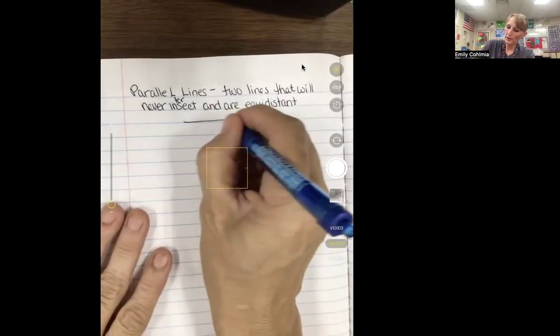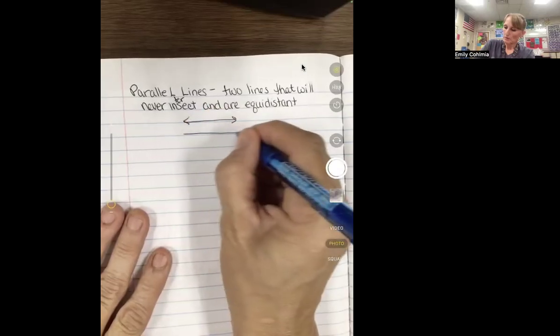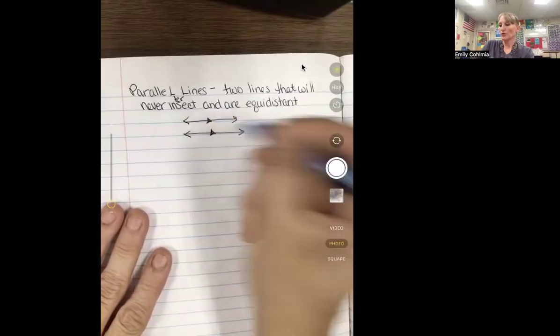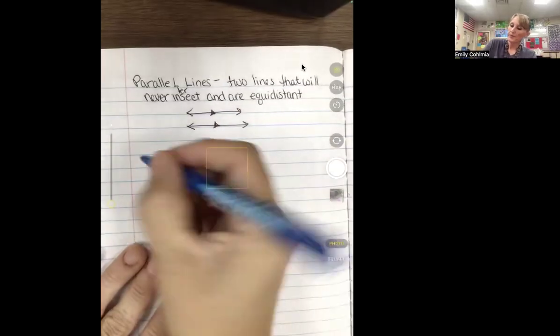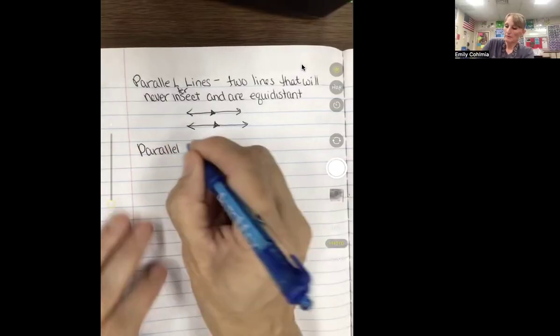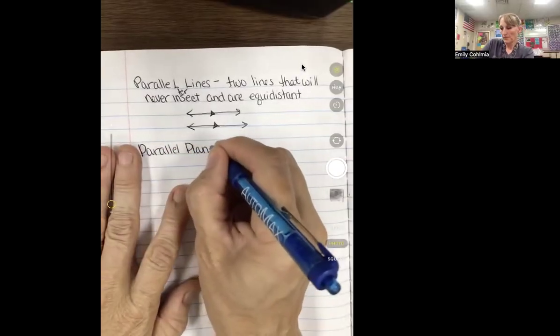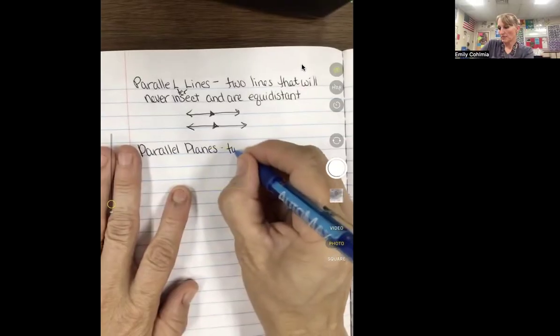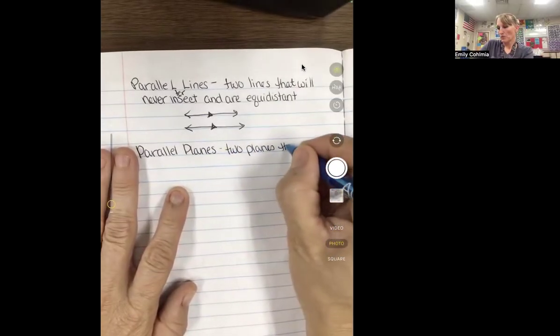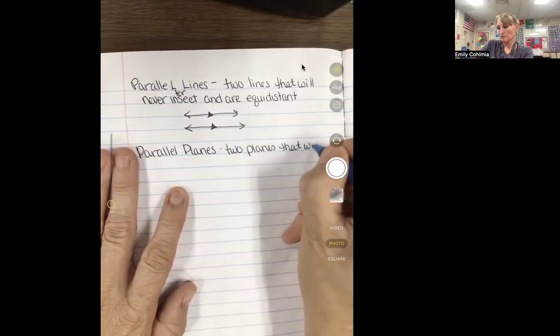So we show parallel lines with just an arrow in the middle, or you could do two arrows in the middle if you'd like. We also have parallel planes. These are basically the same thing, two planes that will never intersect.